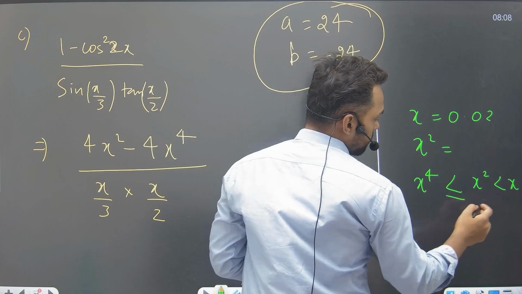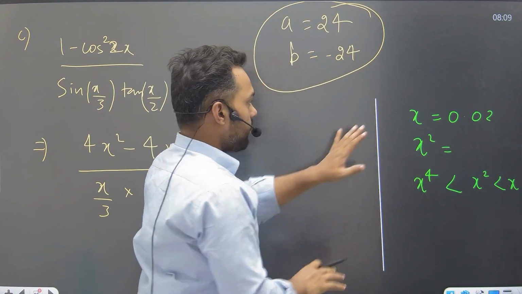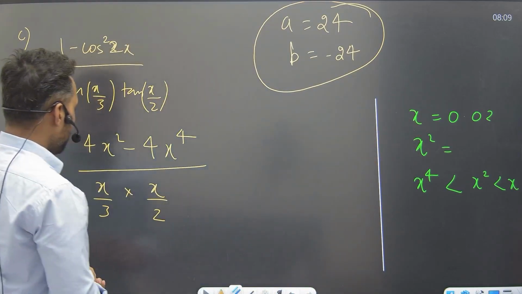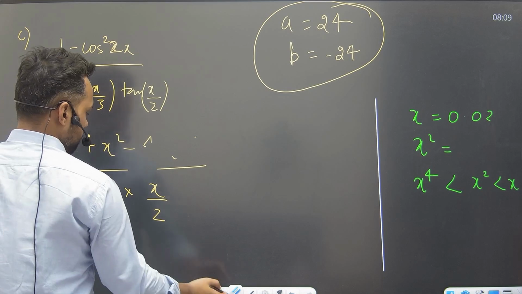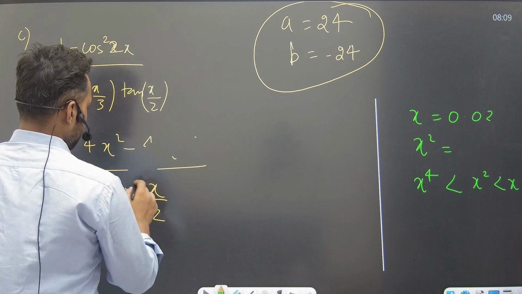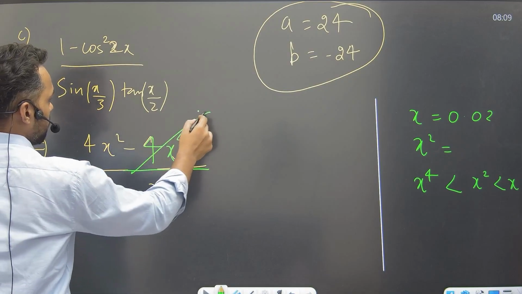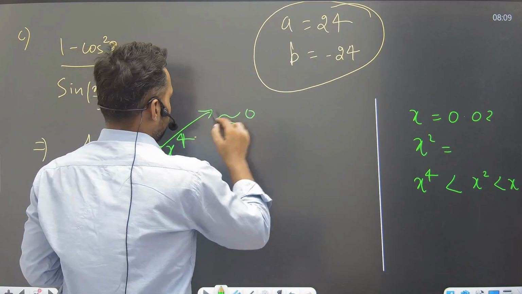You can see this by taking an example. For this approximation, this part will be approximately equal to 0.